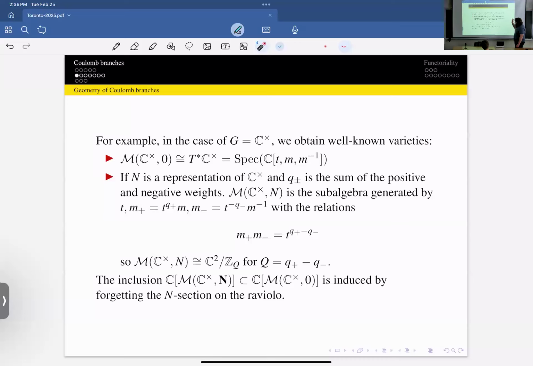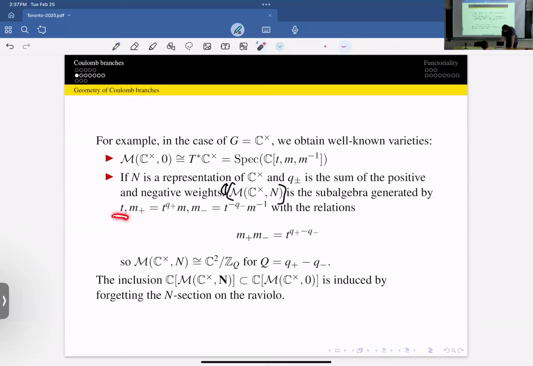So let's generalize this. What happens if I take N to be a representation of C star? So the functions on this Coulomb branch, I should have screwed this up, I was supposed to put that this is the coordinate ring of the Coulomb branch. That's going to be a subalgebra of this ring, of this polynomials tensor Laurent polynomials. And the subalgebra, as I told you, you have to kind of modify the multiplication, but when you're trying to put them inside the same field, that means you modify the generators. So now I have generators.